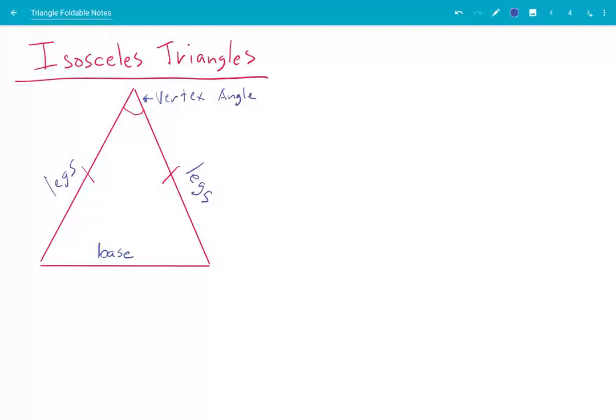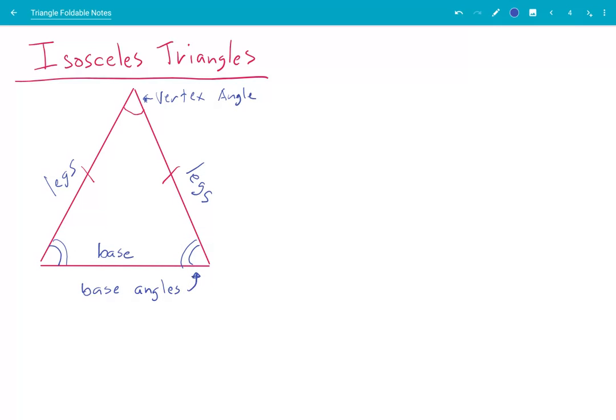So the base, it's the non-congruent side. You got your legs; those are the congruent sides. They're the two congruent sides. And these angles right here are the base angles, and they are congruent. Base angles.